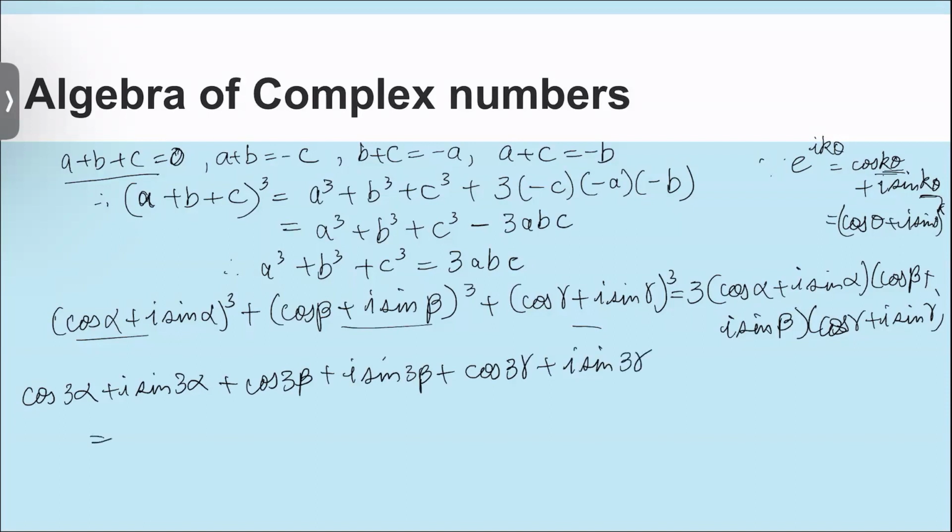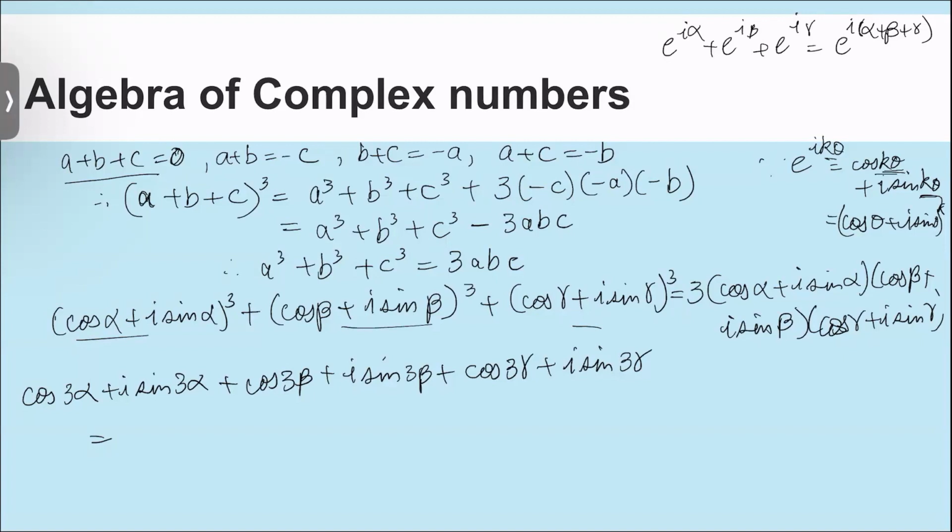Okay. Now, there is another formula in a similar sense. If you have e raised to i alpha plus e raised to i beta plus e raised to i gamma, this can be written in the form of alpha plus beta plus gamma. Okay, you can write it in that form also.